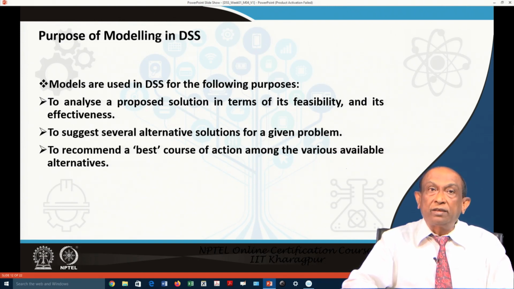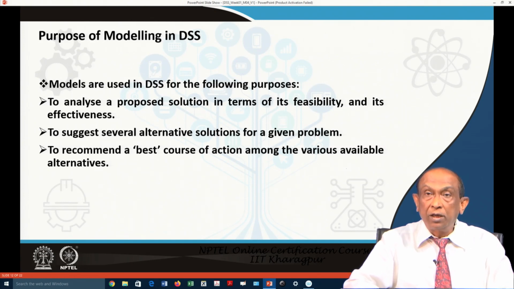Models are used in DSS to analyze a proposed solution in terms of its feasibility and its effectiveness, to suggest several alternative solutions for a given problem, and to recommend a best course of action among the various alternatives. We have already mentioned all these points.